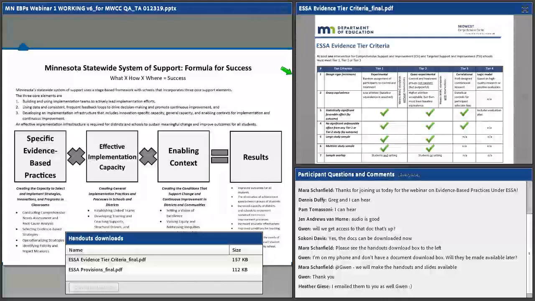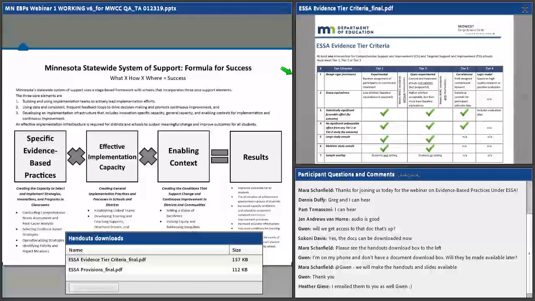So just want to keep this in perspective, that while this is important, we also value building implementation capacity through the implementation of good school improvement plans and helping schools create that enabling context around continuous improvement.